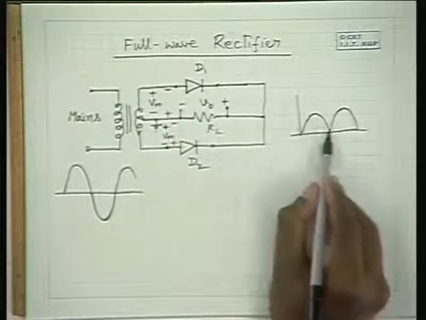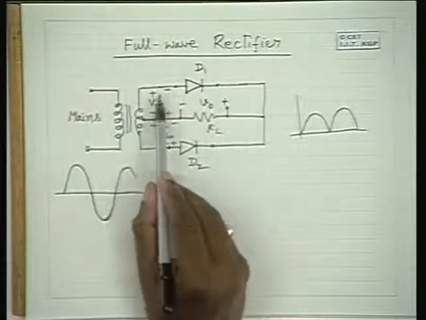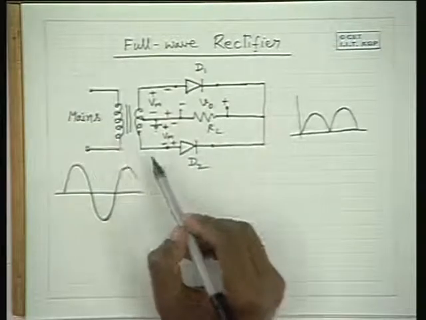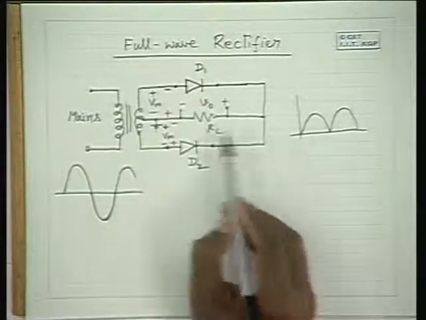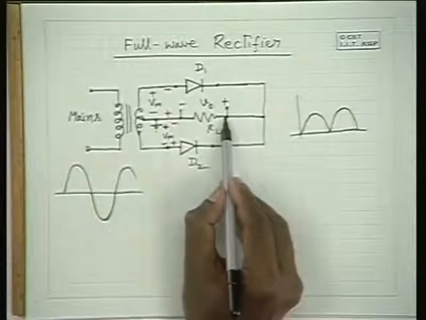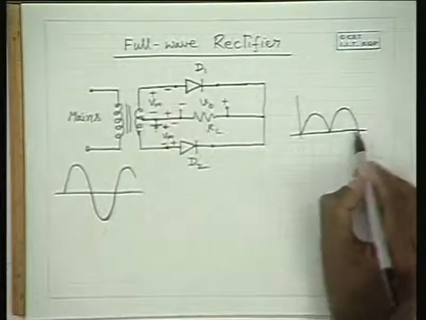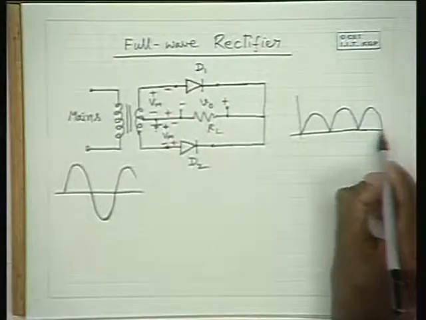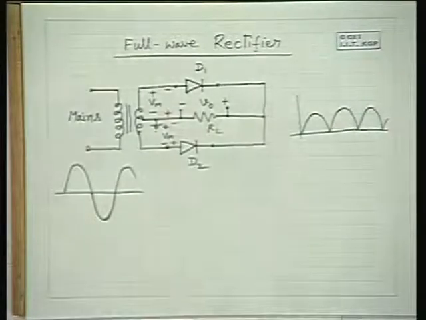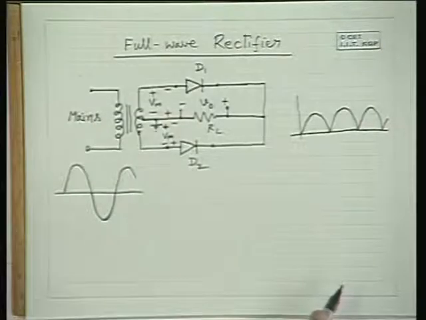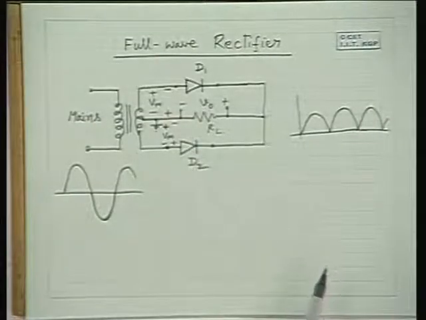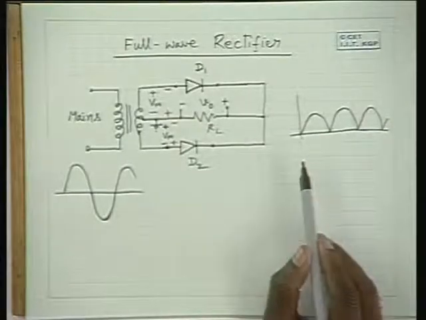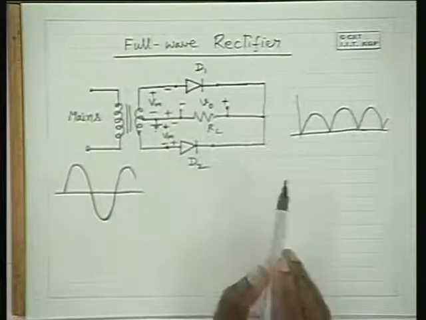With the positive half cycle contributed through diode D1, the negative half cycle is contributed through diode D2, but both appear in the same direction across the load resistance. Hence, this is the kind of output voltage you get across the load resistance. So this voltage waveform is known as a full wave rectified waveform, and this is known as a full wave rectifier.